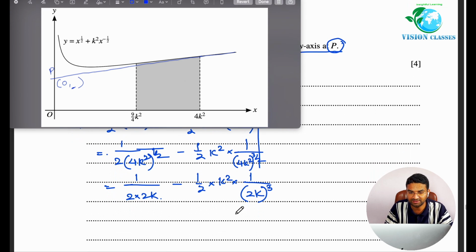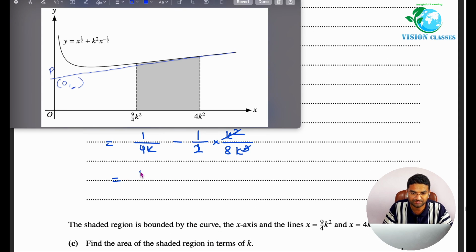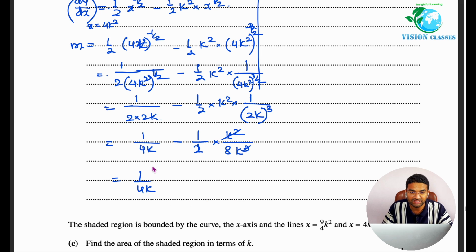So you will get 1 upon 4k minus 1 upon 2 times k square upon 8k cube. If you simplify this, you will get 1 upon 4k minus 1 upon 16k, right? This is what we got.